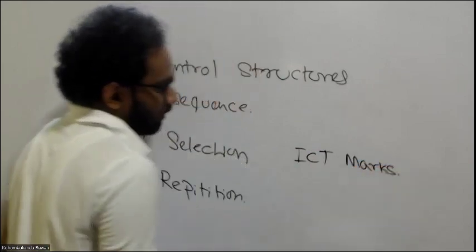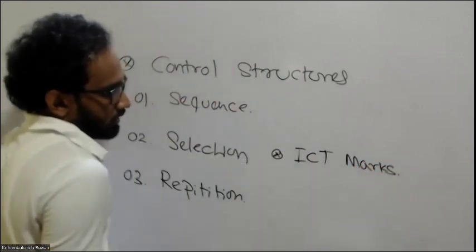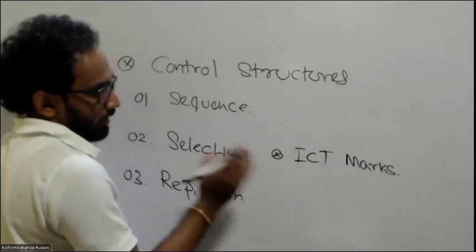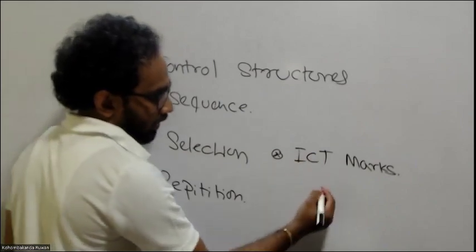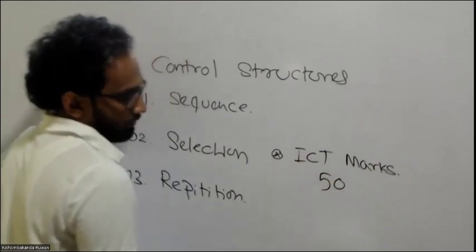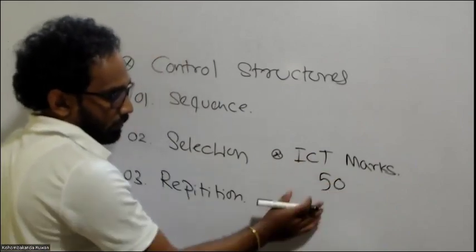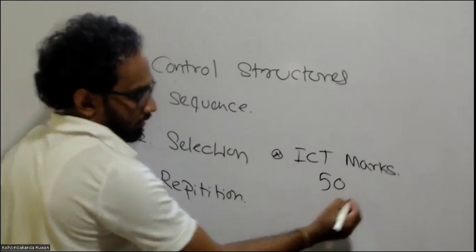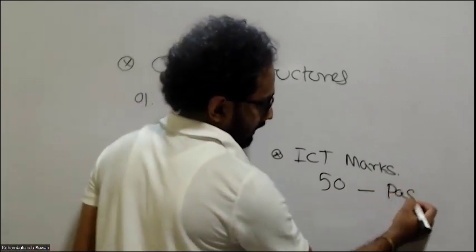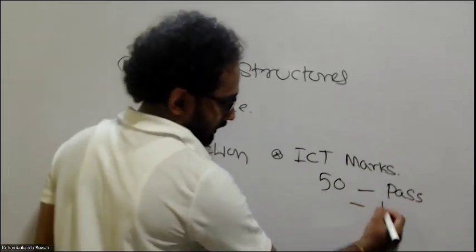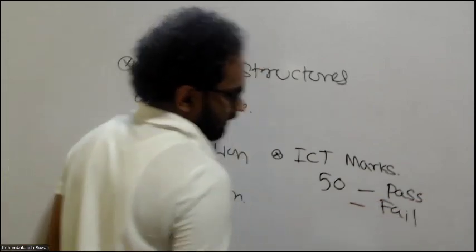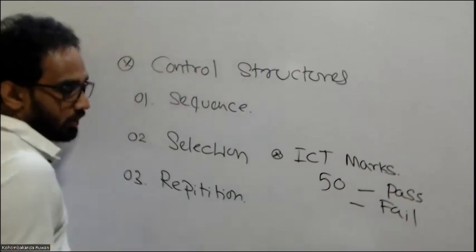Your teacher needs to identify who passed the ICT subject and who failed, based on 50 marks. Above 50, you need to say pass. Below 50, you need to say fail. That is some kind of selection.